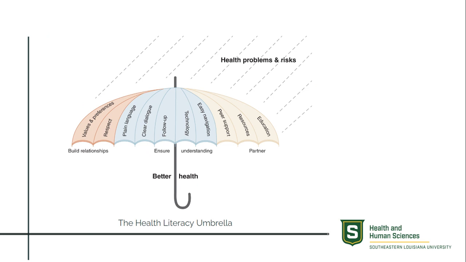So we have the health literacy umbrella that looks at all the things that come into play with health literacy. You see the health problems and risks coming in like rain, and you have all the other things that help prevent the rain from getting to the person, and therefore them being able to have better health. You have values and preferences.